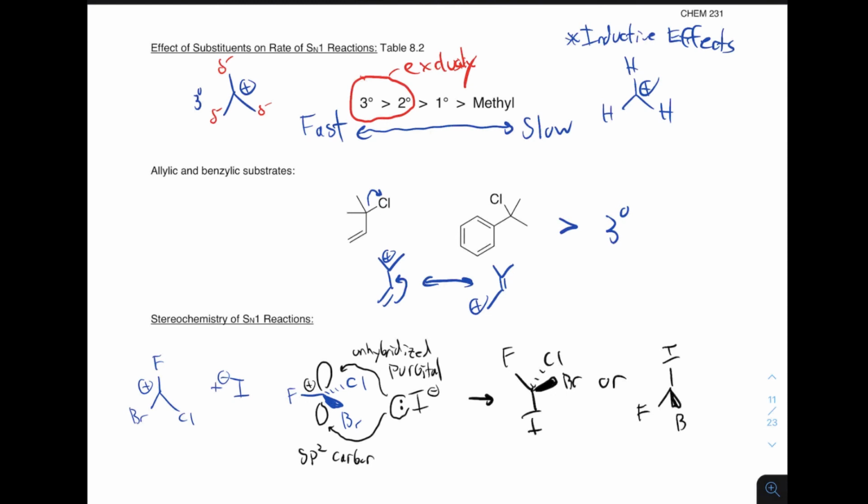They are not the same stereoisomer, they're enantiomers now. And so what we call this, for SN1 reactions, is a racemic mixture, meaning a 50-50 mix of both enantiomers. So in short, we don't need to worry about stereochemistry for SN1 reactions. And we'll go over that in some of the examples we will do in lecture.